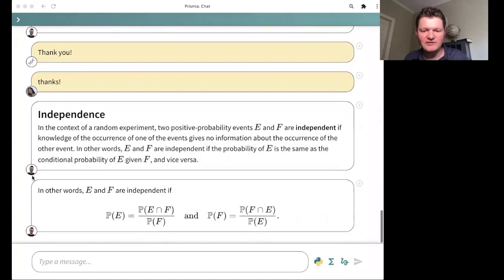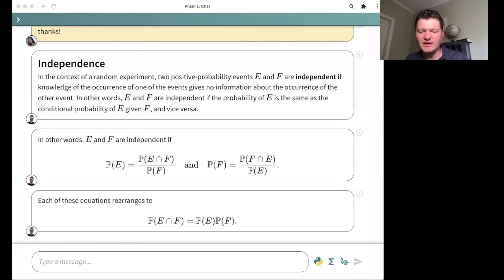So we can write equations for this. We can say probability of E equals probability of E and F divided by probability of F. This is just a statement that probability of E equals the conditional probability of E given F. Same idea over here. And handily, both of these equations rearrange to the same thing.